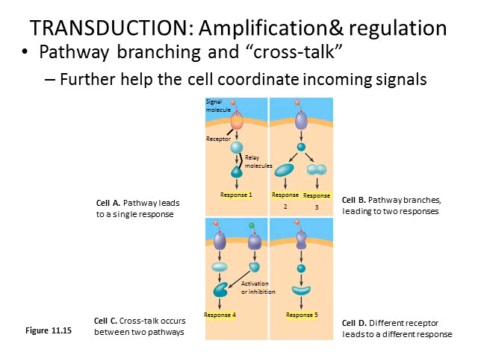The last thing, if we look in this fourth box labeled D, is that a different receptor can lead to a different response. And so you can simply have the same molecule, but because it goes to a different receptor, we're going to trigger an entirely new process.